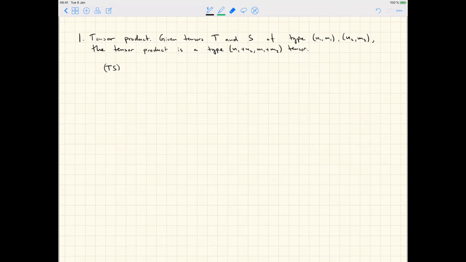So if we let the product ts act on vectors v1 through v_m1 and w1 through w_m2, we define this as t acting on the vectors v1 through v_m1, and s acting on the vectors w1 through w_m2. And we can extend this definition to also include (n, m) tensors in a natural way.